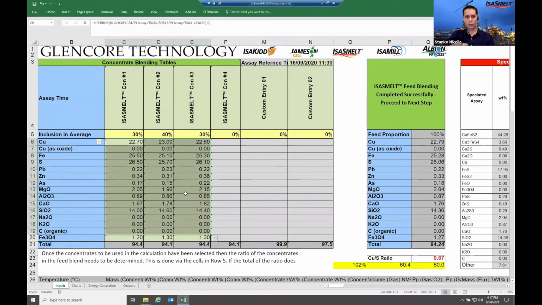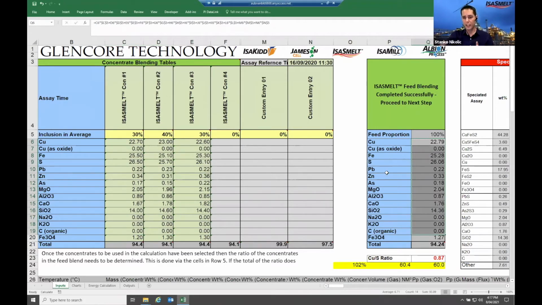So once we have a consistent feed, you look at proportioning that. This is a 30, 40, 30 blend to reach 100%. You end up with a combined concentrate composition.